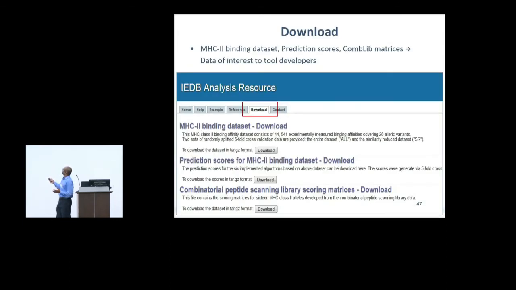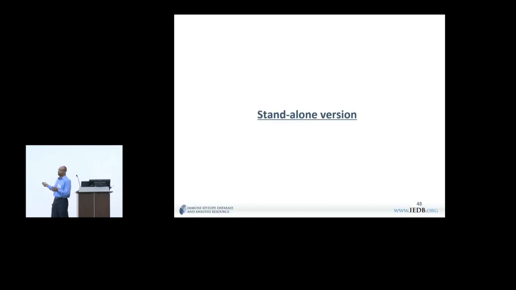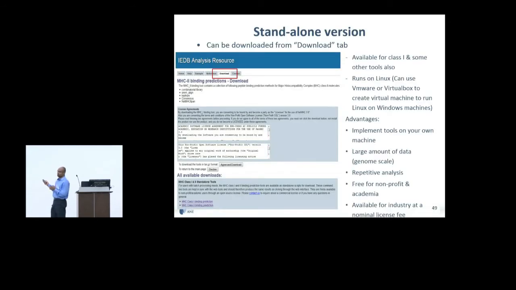Until now I was explaining the web version, and now we have another version, the standalone version. You can download this tool as a standalone version on your computer from the same download tab here.